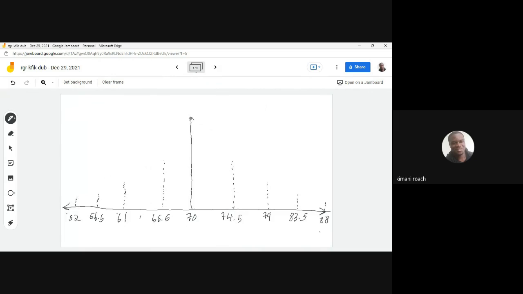So here we're sketching our normal distribution curve, and we're keeping the sketch flowing.